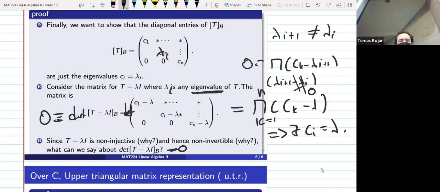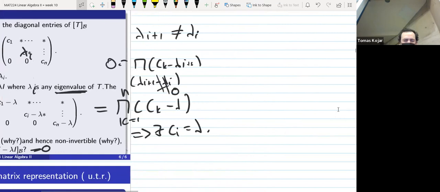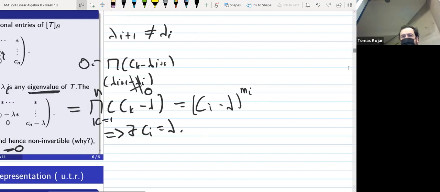Let me see if I understand. The concern is whether you have algebraic multiplicity, multiple copies, right? What I want to say is that you would detect it here. It would be c_i minus lambda to the m_i. So here's a way to catch even this.